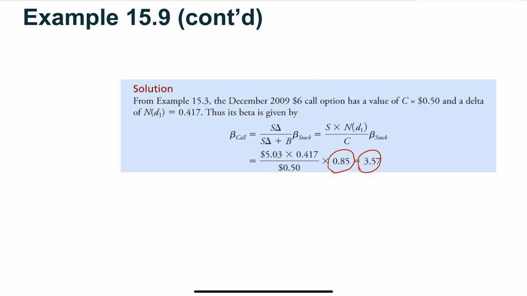It's pretty large, and you can see that this is a very natural result because we know that a call option is a leveraged position in your equity. This implies that the systematic risk of the call option has to be larger compared with equity.